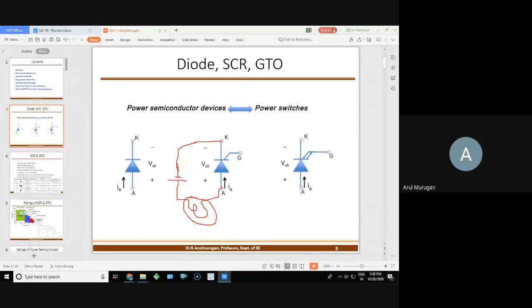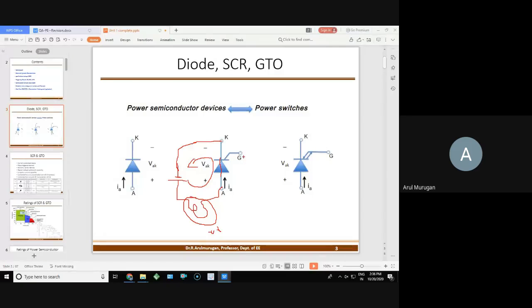When the switch is on, only then does the current flow. If the current flows, then the lamp glows. When current flows, the switch is closed. When the switch is closed, you need to trigger the gate terminal.